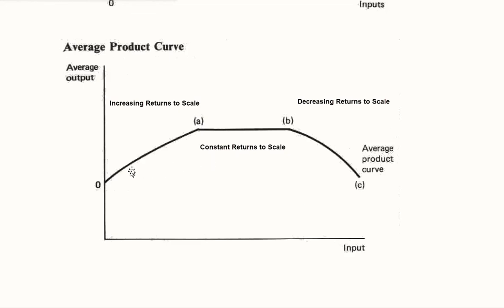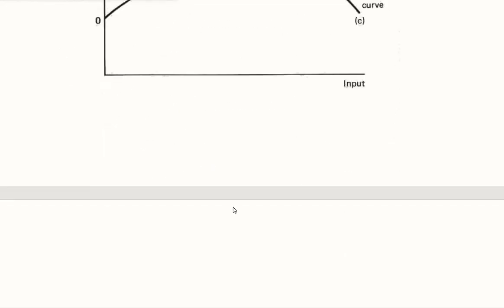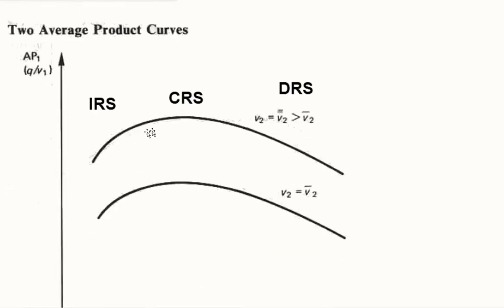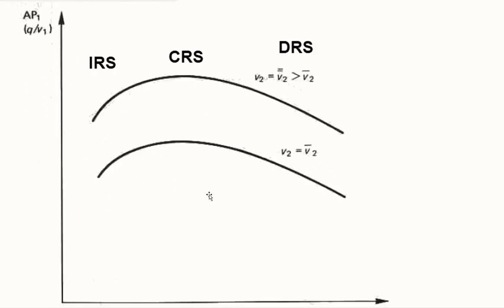Here it has an inverted U sort of shape, and it is the same here, an inverted U shape, and this is where V2 was fixed at V2 bar, and this is where V2 was fixed at V2 double bar, and it is higher than the first level, that is this level. Definitely it should increase, as one of the factors of production is allowed to increase from V2 bar to V2 double bar. So this is the average product, and this is the formula, the output divided by the variable factor, that is V1.